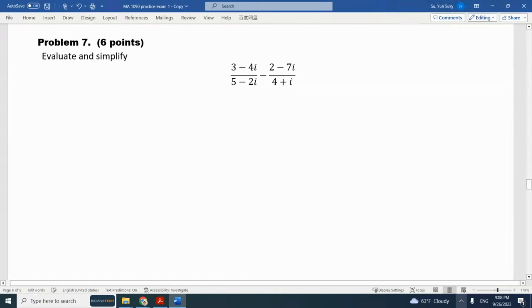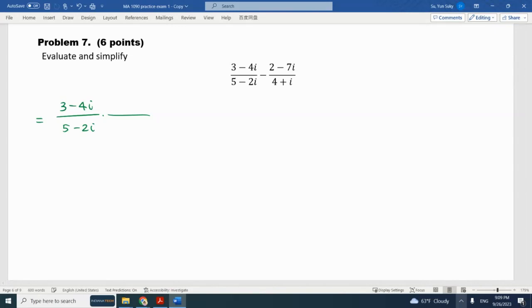Okay, so here, evaluate and simplify. So complex numbers. When you add or subtract fractions with complex numbers, you want to get rid of the i in the denominator first. So look at the first fraction, 3 minus 4i over 5 minus 2i.